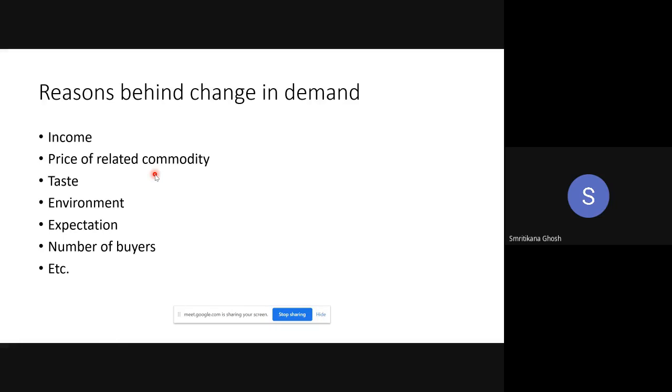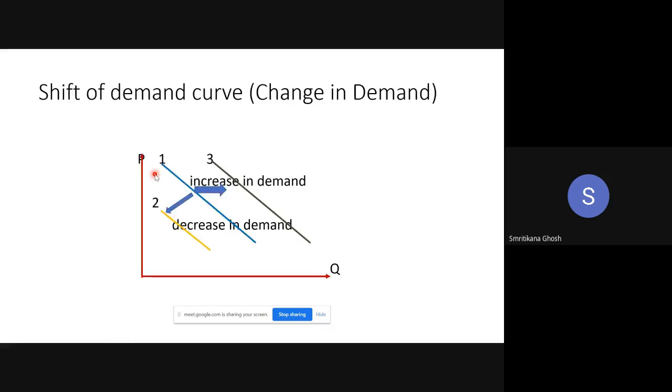The starting point is the price of socks, and that has increased. As price of socks is increased, the demand for shoes is falling. And then your demand curve will shift from 1 to 2. Okay, 1 was the initial demand for shoes, and 2 is the current demand for shoes. It is falling. Why falling? Because price of socks has increased.